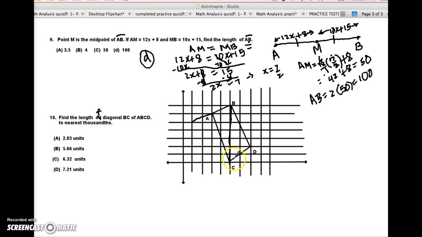C is here. I think from C over 1, 2, 3, 4, 5. 2. I think it should be like this. Yeah, this should be it.